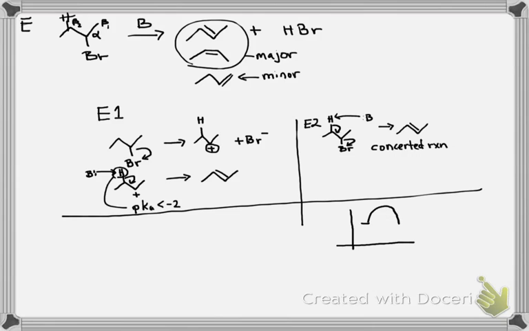Reactants, products, one hump, with the transition state at the top. We'll talk about the transition state in a little bit. Now for E1, two humps. What if you have a bad leaving group? You have to make it three humps, because you have to make a good leaving group before you can get rid of the leaving group.